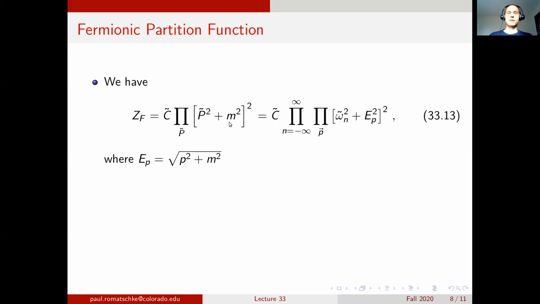We have rewritten the Euclidean fermionic momenta p tilde in terms of the Matsubara frequencies and the wave vector p. So that gives rise to this combination E_p squared here, which is just the sum of the usual space-like momentum squared plus m squared.